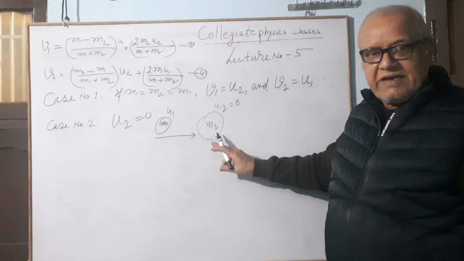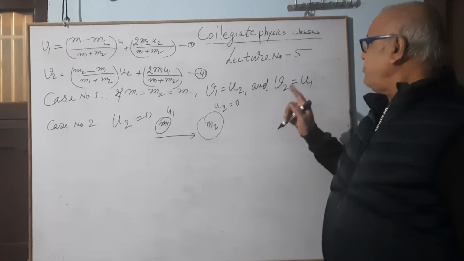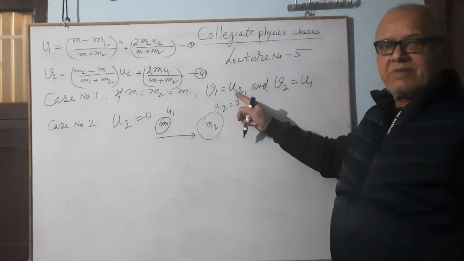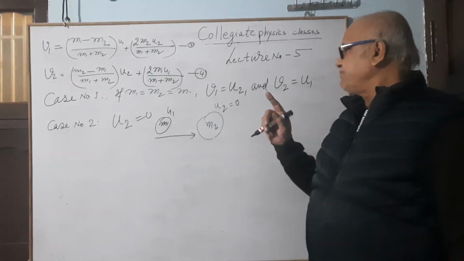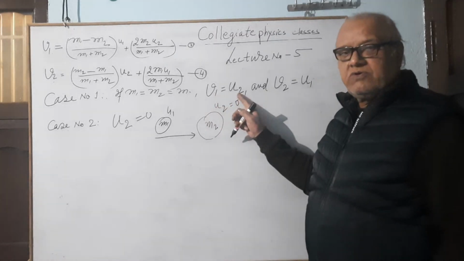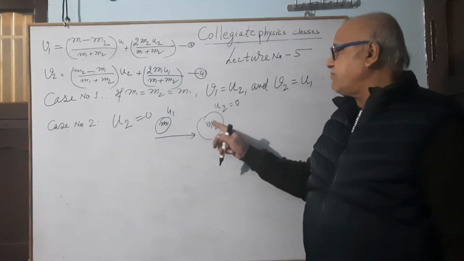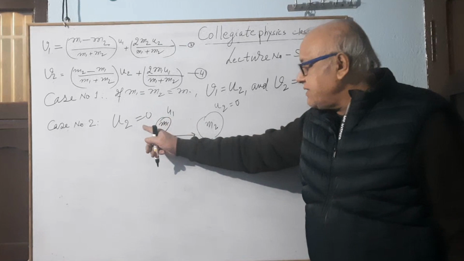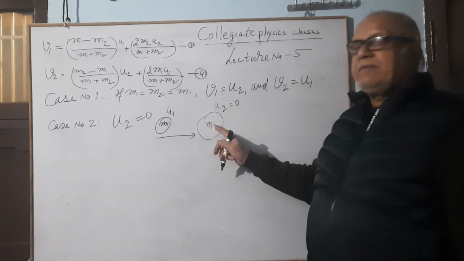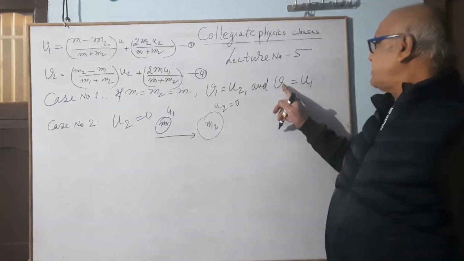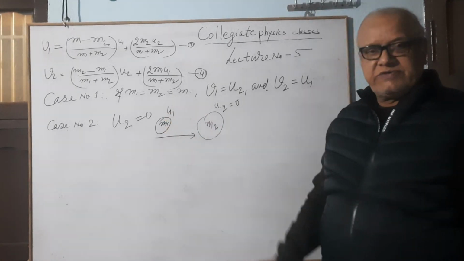Then what will happen? The velocity of the first body will become v1 equal to u2, and u2 is equal to 0 because the second body is at rest. So v1 will be equal to 0, that is, the first body will hit the second body and become rest, and the second body m2 will begin to move with v2 equal to u1. This body will begin to move with u1 velocity.